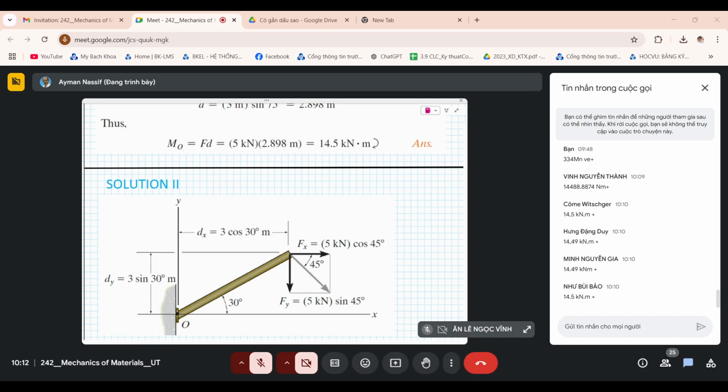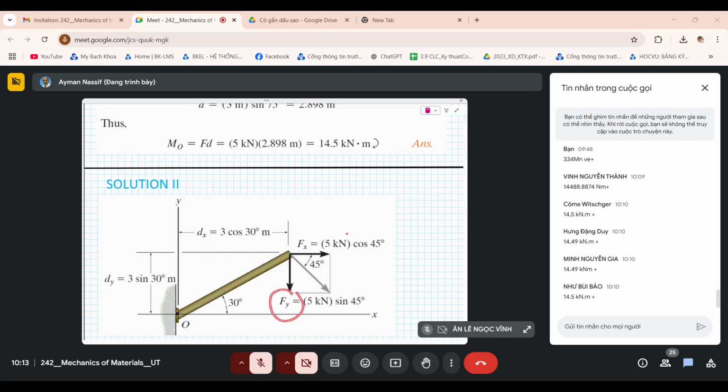And again, you can calculate the arms very easily, the perpendicular distance from the point to the components of the force. And again, please, you will get the same answer. So you can try it, and you will get the same answer.